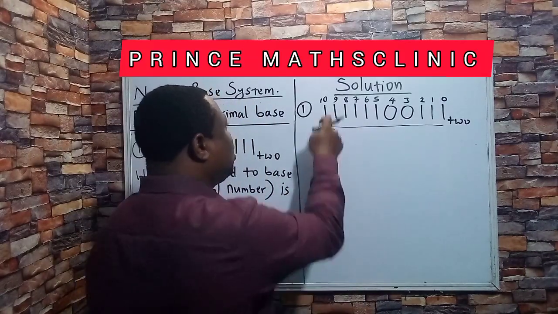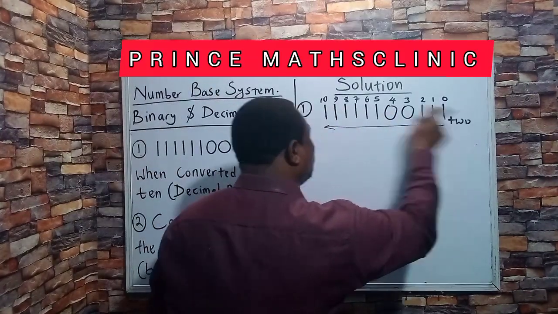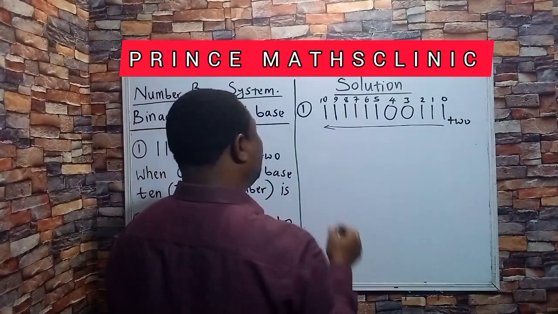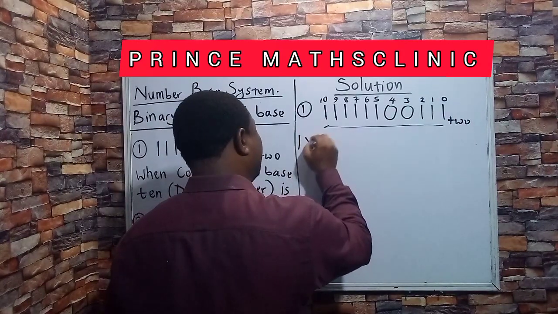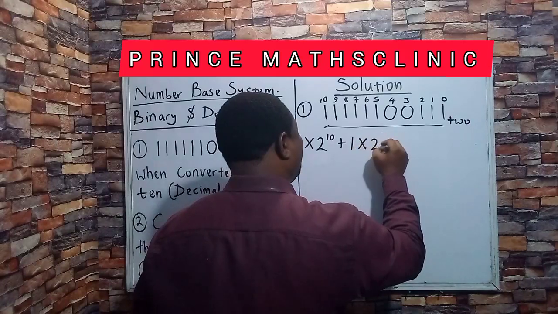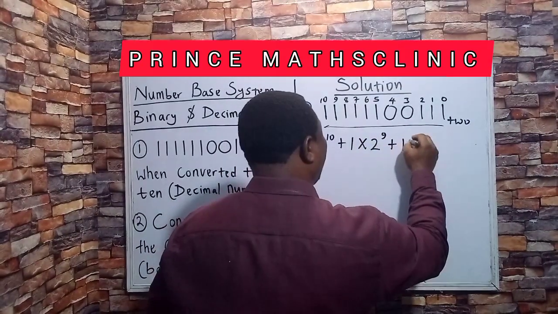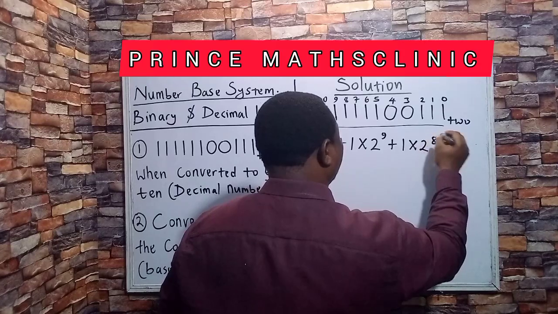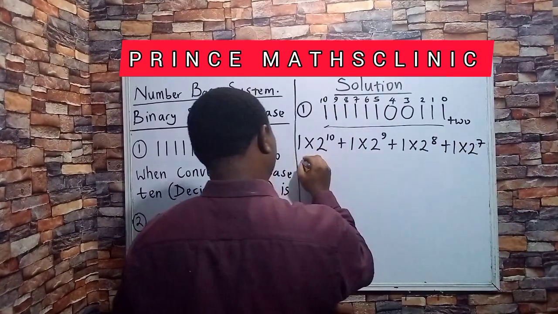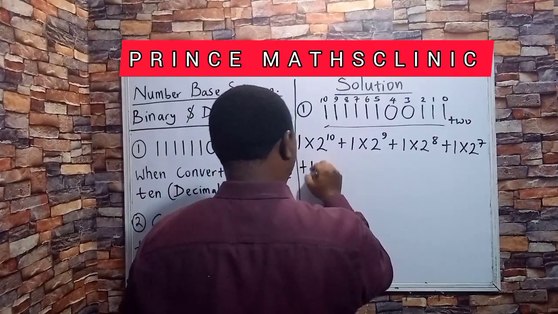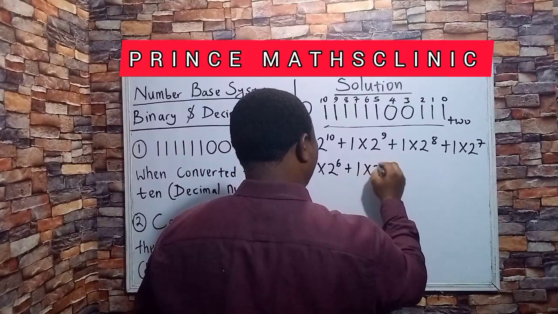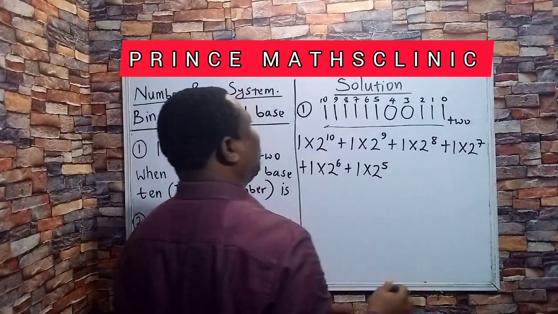Such that you will say this one times base 2 to the power of 10. This one will be 1 times 2 to the power of 9. So this is 1 times 2 to the power of 10, 1 times 2 to the power of 9, 1 times 2 to the power of 8, 1 times 2 to the power of 7, 1 times 2 to the power of 6, 1 times 2 to the power of 5.